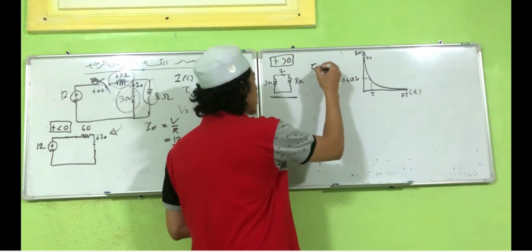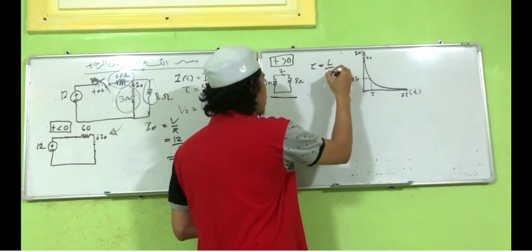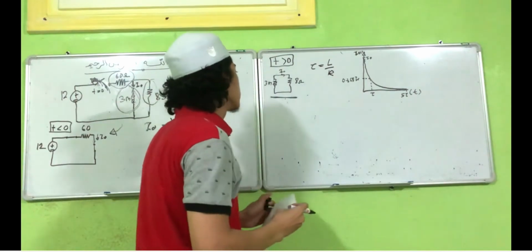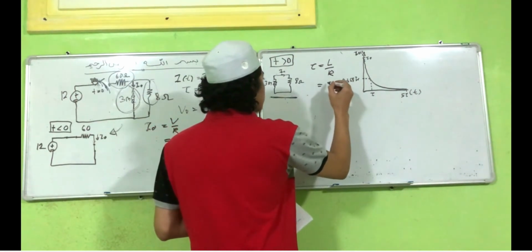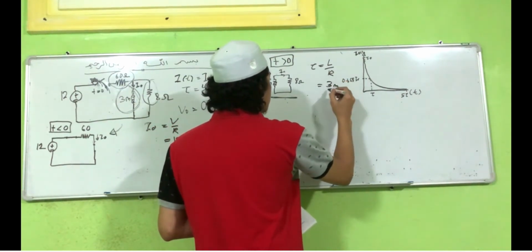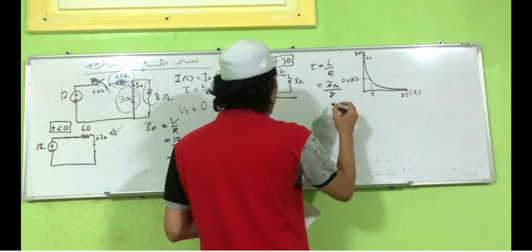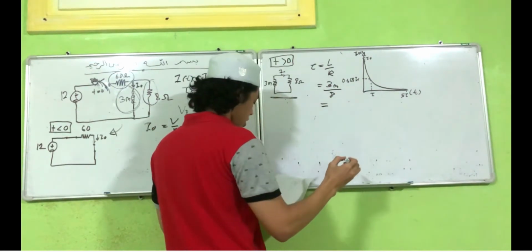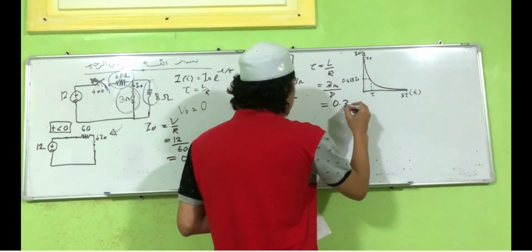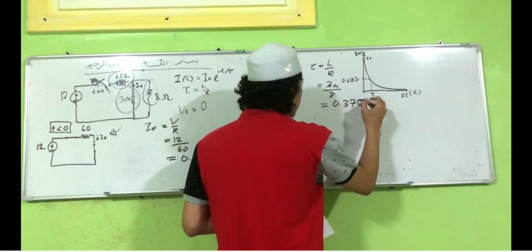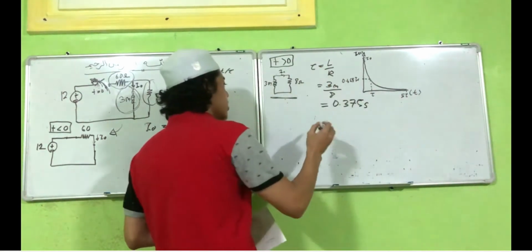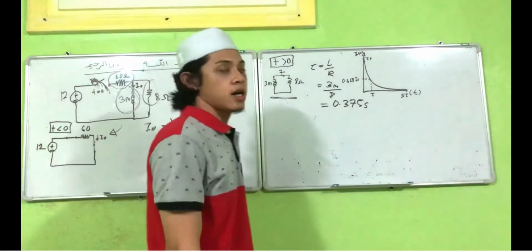We know that tau is equal to L over R. So L is 3 millihenry divided by 8 ohm, so the answer will be 0.375 second. The unit of tau is second.